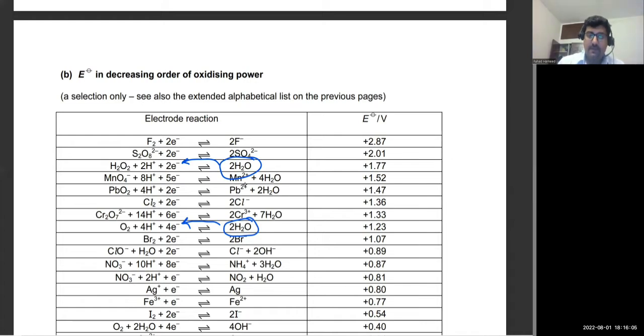And the value is 1.77 volts. And then I have another one for water, that's 2H2O forming O2 plus 4H plus 1, and that is 1.23 volts.